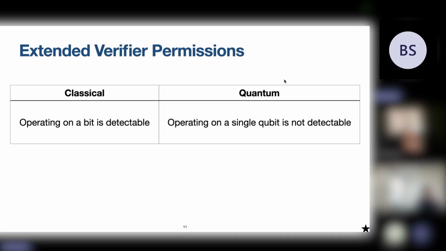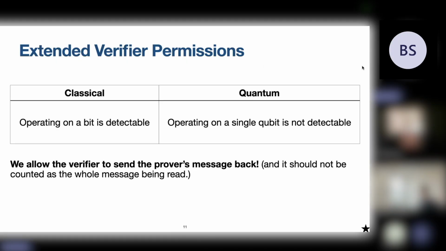Say the prover sends the verifier a classical register, the verifier makes some change and sends it back. The prover knows which change the verifier made. But on the other hand, if the verifier is sent a single qubit, applies some gate on it and sends it back, the prover won't know. The prover only has one copy.